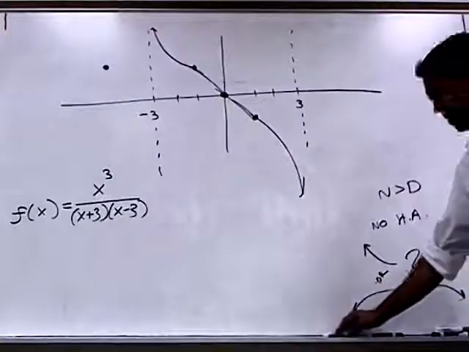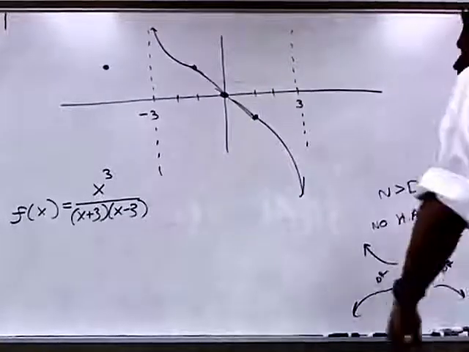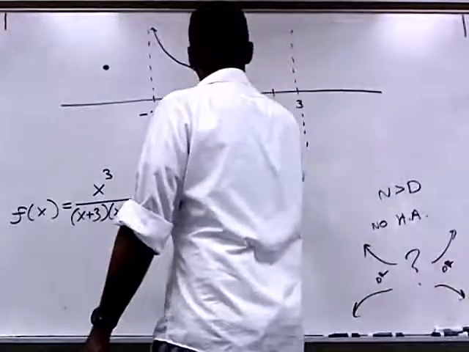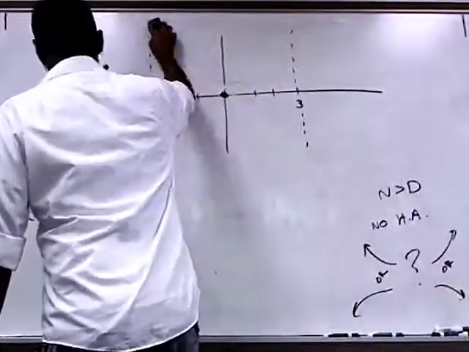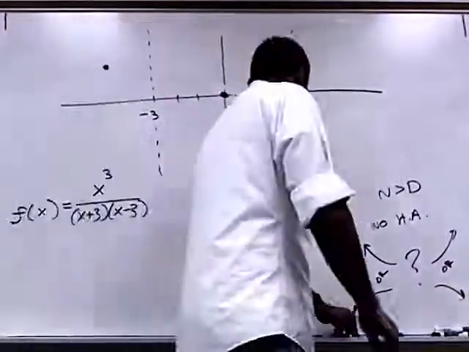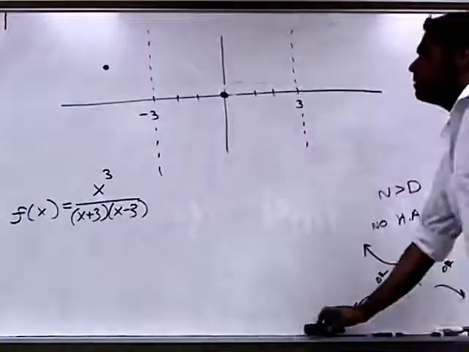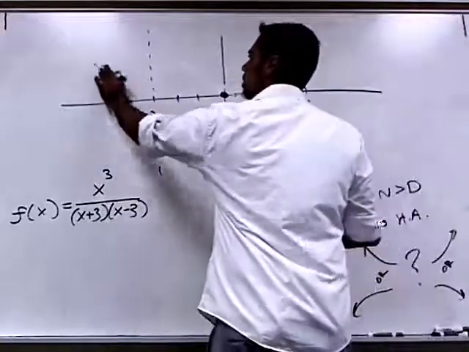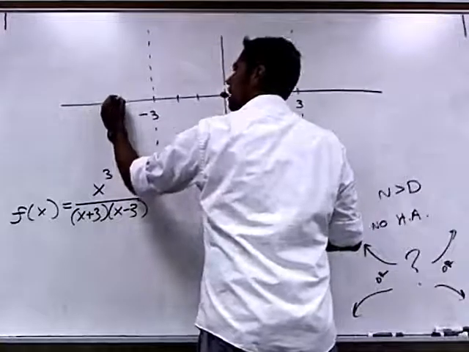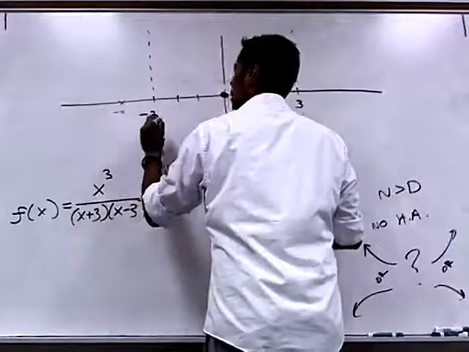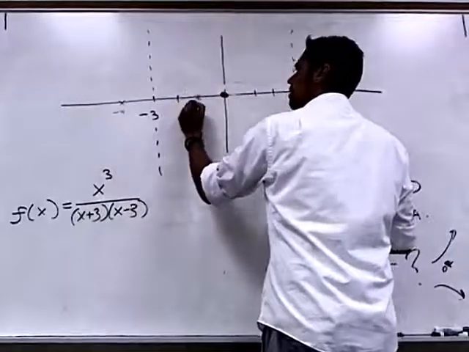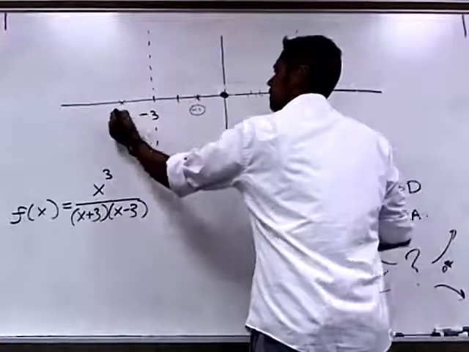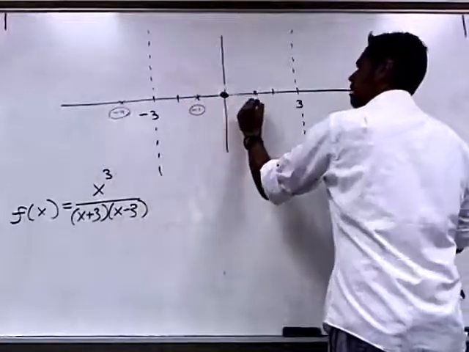I'm going to go through this, all right? All right, so look, the test points that I would have used, I would have picked something over here like -4. I would have picked something like -1 or -2. I would have picked 1.